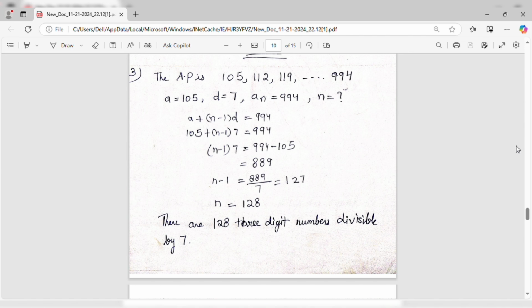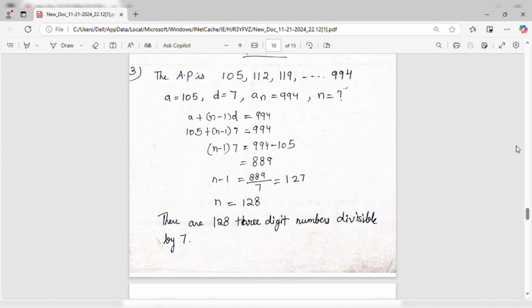So a is 105, d is 7 and an is 994. We will find n for the given question, and we will get how many terms there are. By solving this, we will get n as 128. So there are 128 3-digit numbers which are divisible by 7.